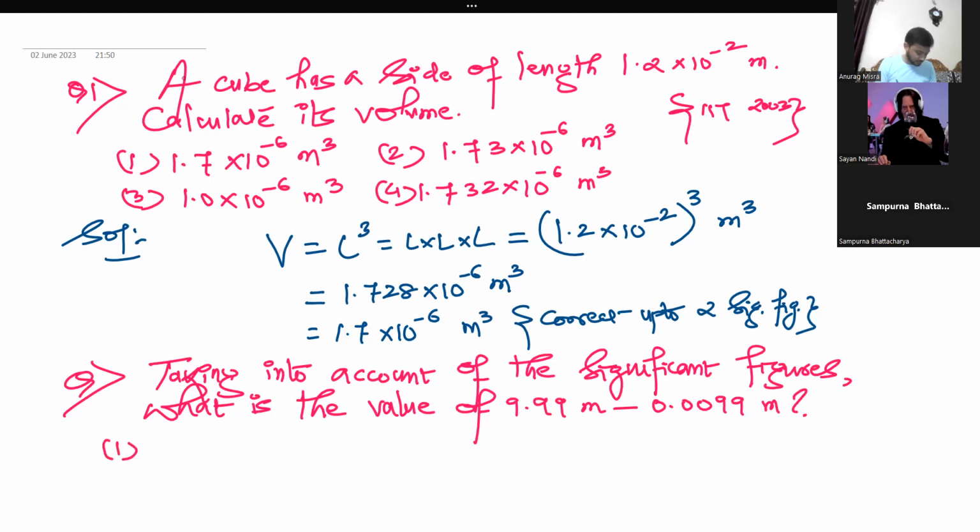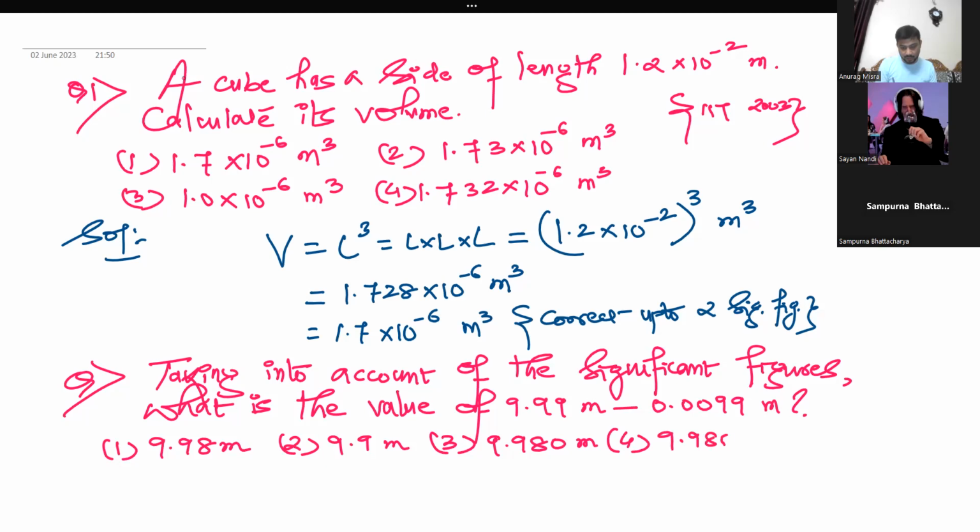Options are, first option is 9.98, second 9.9 meter. Option number 3 is 9.980 meter. Option number 4 is 9.9801 meter. Okay, this is a question from NEET 2020.